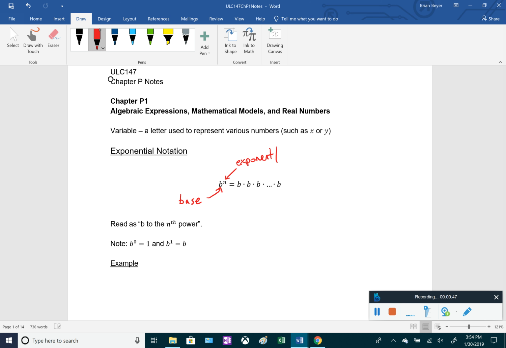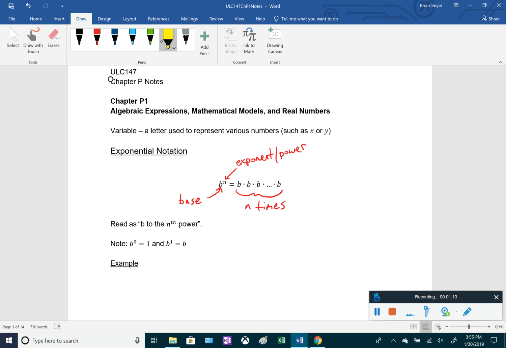It's the exponent or the power that the base is being raised to. So what that means is b to the n is going to be b, the base, being multiplied n times, the exponent number of times. And like I just read it, b to the nth power, or b to the n.